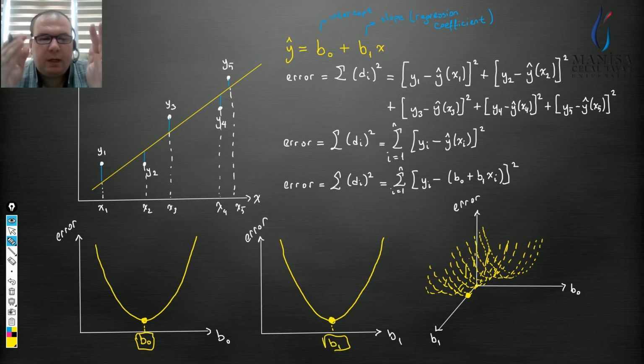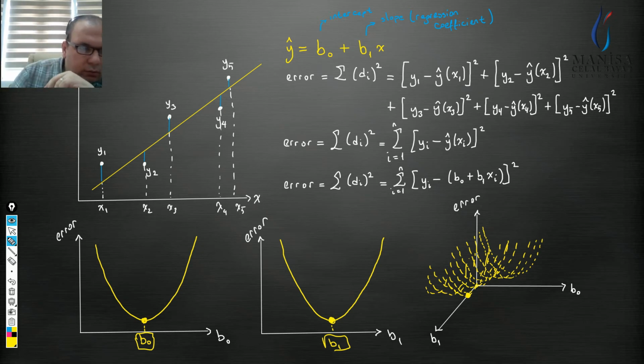From a geometrical point of view, at any point of b1, for example, we have a slope. So we can find the tangent for this point, like this one. We can have a tangent like this for this point, and for this point we have a tangent like this, right?